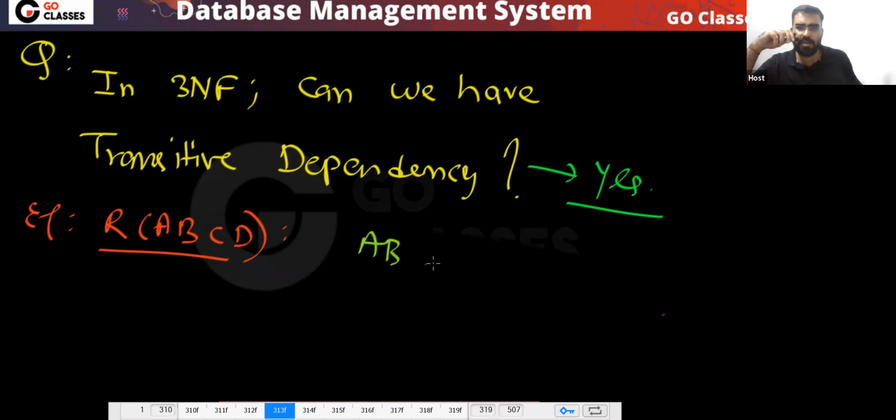Consider this one: AB, let's assume they determine each other, and A determines C.